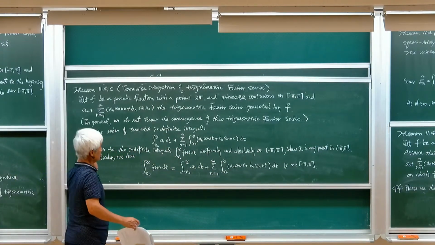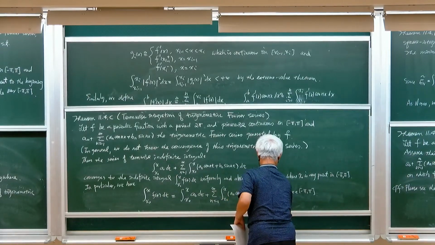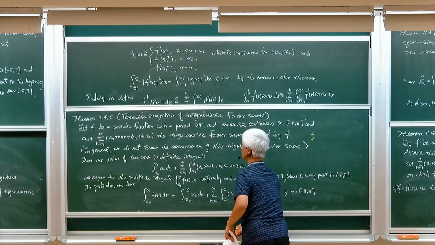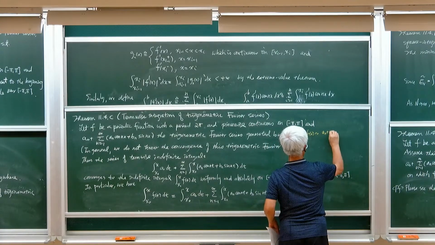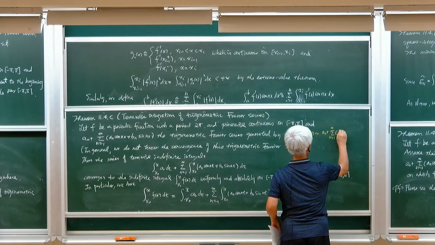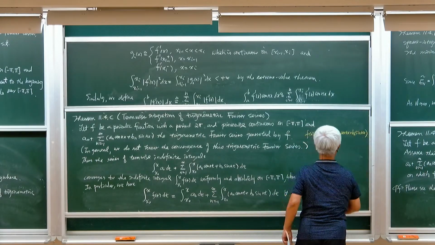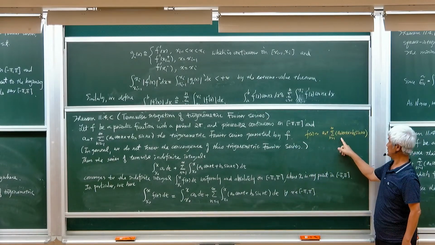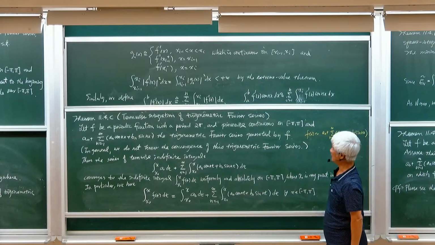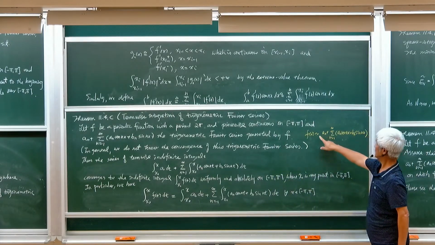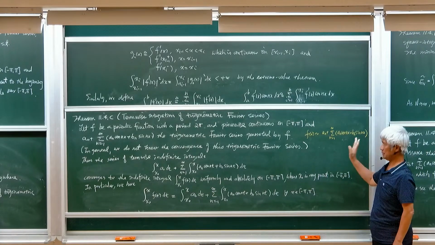Okay, so originally we know this trigonometric Fourier series is generated by this piecewise continuous periodic function with a period 2 pi, and we don't know the convergence of this trigonometric Fourier series yet.